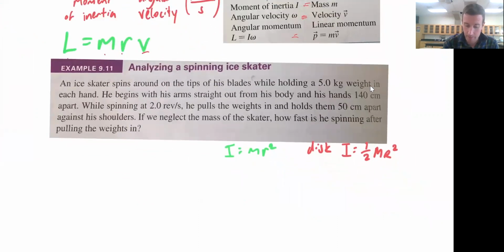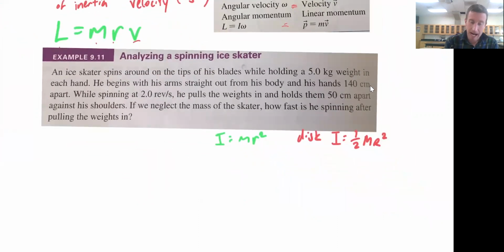So I also have two other pieces that I, or the moment of inertia, is equal to m, the mass of the object, times the radius squared. Or if it's a solid disk, then it's equal to 1/2 the mass of the disk times the radius of the disk squared. So those are also helpful for moment of inertia there.